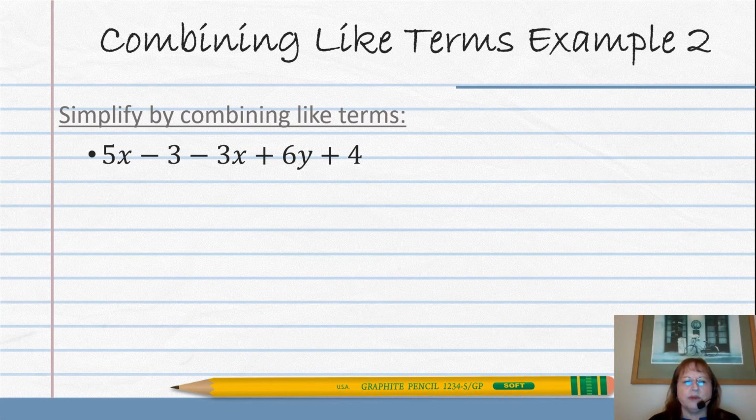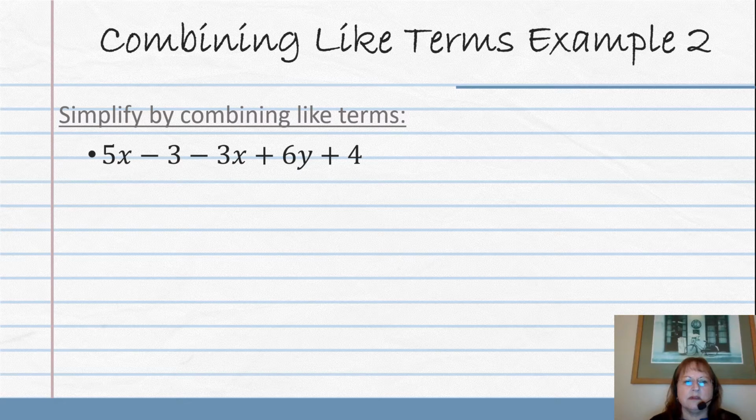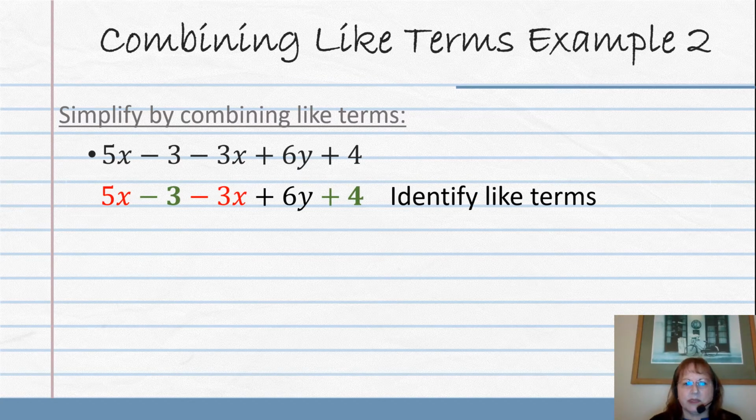Example 2 has a number of different types of terms. We have 5x minus 3 minus 3x plus 6y plus 4. The like terms in this particular example are 5x and negative 3x, and I've color-coded those for you.